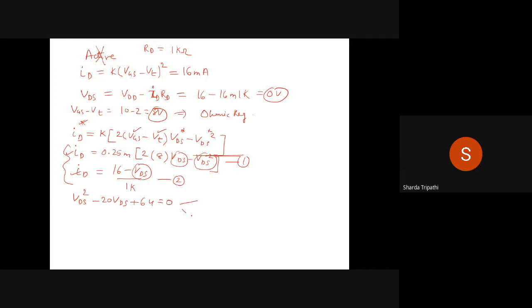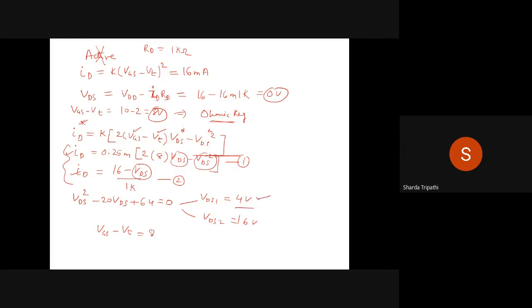So from here you will get two values of VDS. So first value is 4 volts and the second value is going to be 16 volts. So which value to choose? Remember, all these calculations we have done by assuming that the transistor is in ohmic region. So we need to choose that value of VDS which is less than VGS minus VT. VGS minus VT was 8 volts.